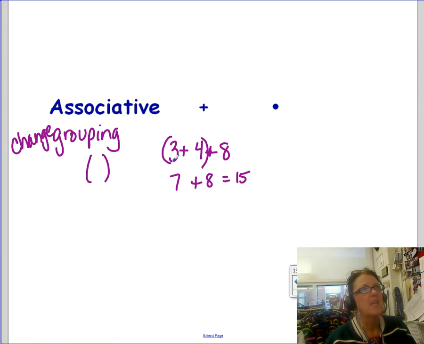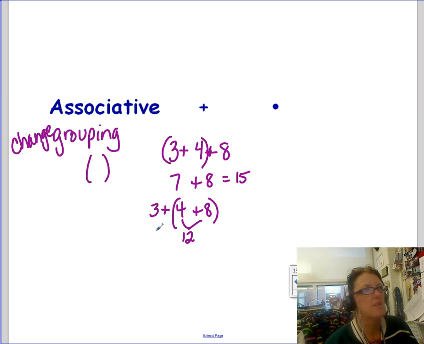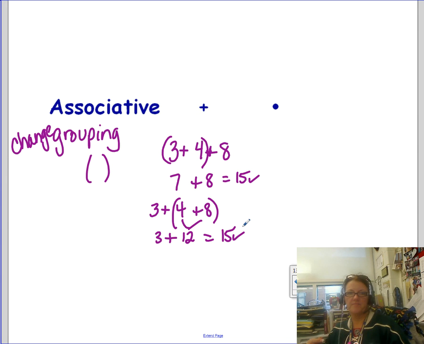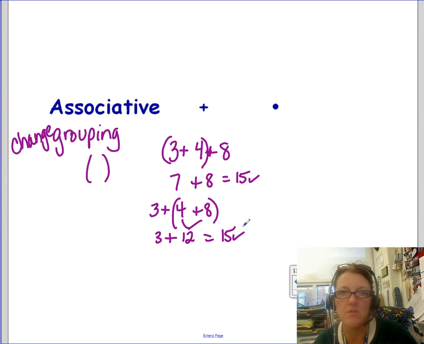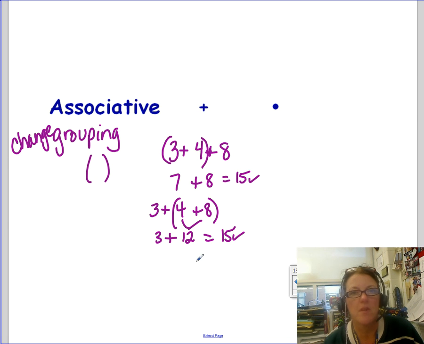Now write down 3 plus 4 plus 8 again, but this time put the parentheses around the 4 and the 8. That says do the 4 plus 8 first, which gives me 12. Then 3 plus 12 is 15. You see? Even just regrouping using the associative property, you still get the same result.